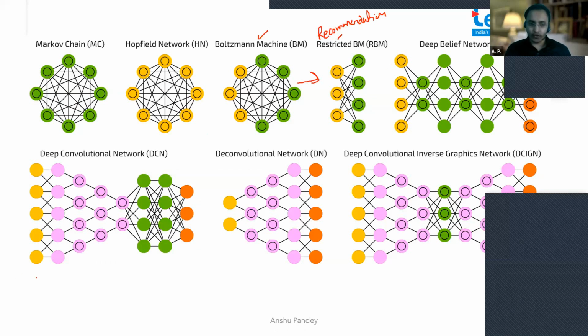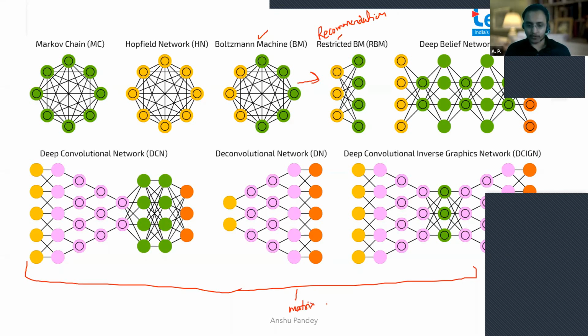We have convolutional neural networks, very widely used for image classification kind of tasks, right? So matrix manipulation or matrix processing, which is like image processing in a lot of cases, and image classification and object detection. For many of these tasks, different variants of convolution and deconvolution networks are very widely used.